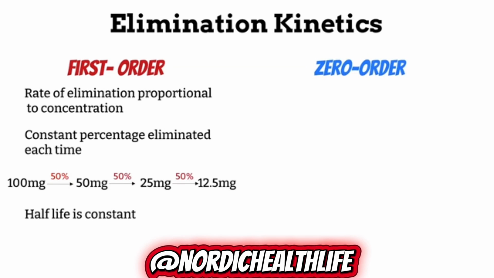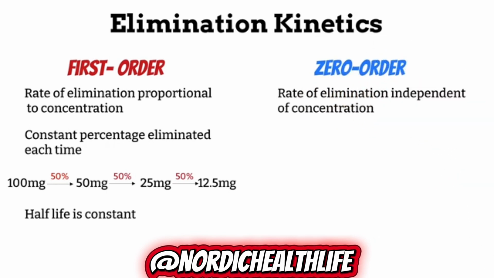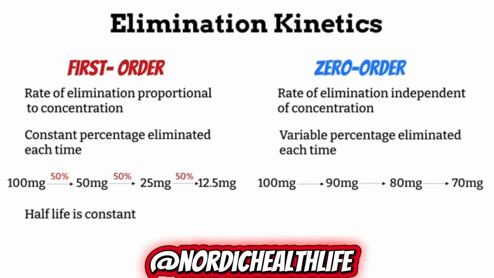For drugs that are eliminated through zero-order kinetics, such as aspirin, the rate of elimination is independent of the concentration. In other words, the amount eliminated each time is independent of the amount of drug in the body. It will be the same milligram each time, but the percentage eliminated each time will change. So if you start with 100 milligrams of this drug, each hour the same amount in milligrams will be eliminated, but the percentage will change.